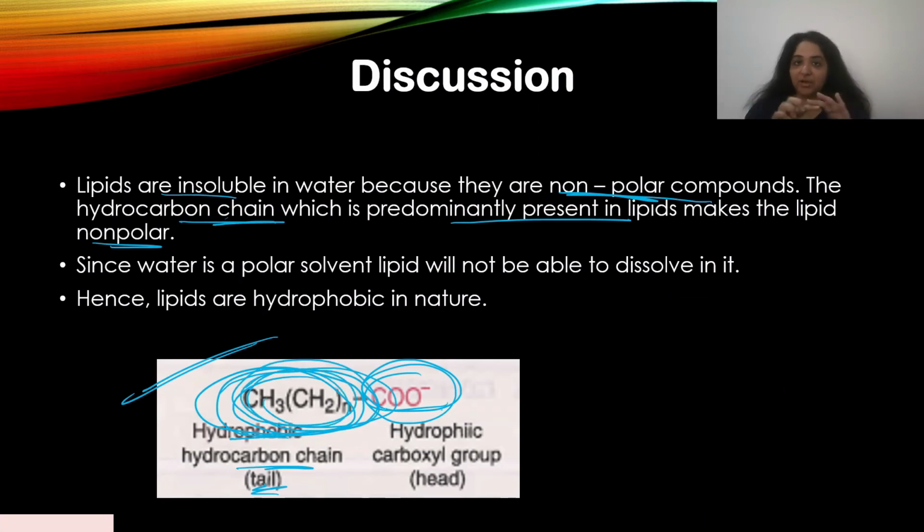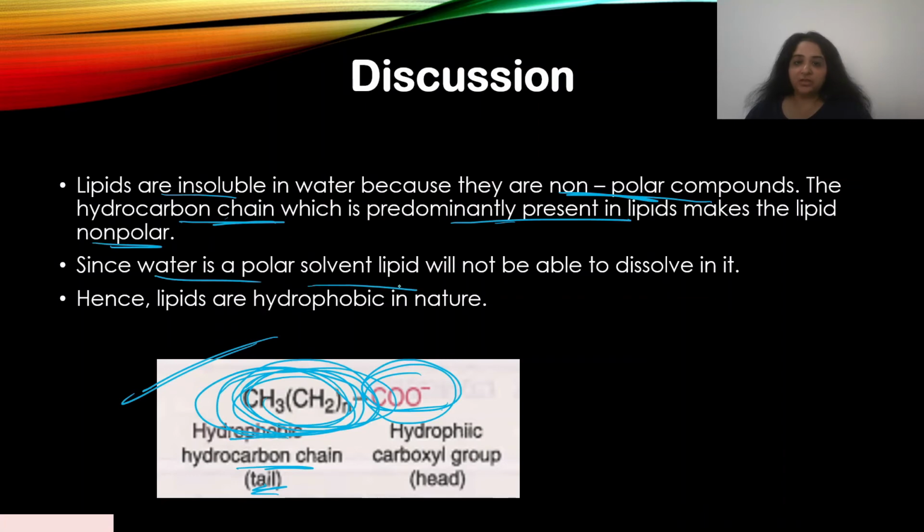The majority of the structure of a lipid is hydrocarbon, which is non-polar. There's a very small part which is polar, which makes it soluble in water, but that really doesn't make a difference. Majorly, it is insoluble in water. The hydrocarbon chain, which is predominantly present in lipids, makes it non-polar.